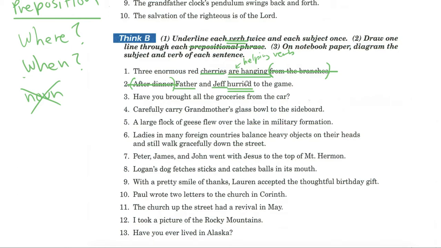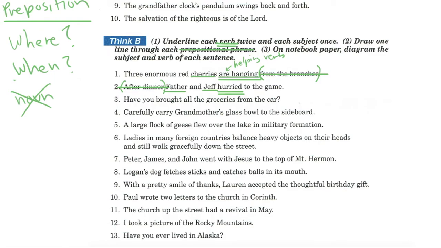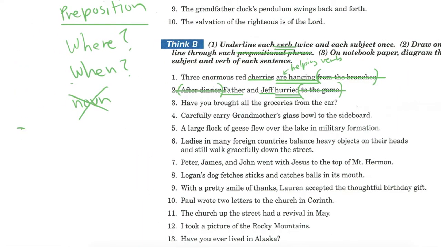Remember, there could be more than one prepositional phrase in a sentence. So are there any other prepositions? Yep, to is a preposition. The monkey ran to the box, right? To the game. Game's the object, so cross that out also. So the monkey ran blank the box.